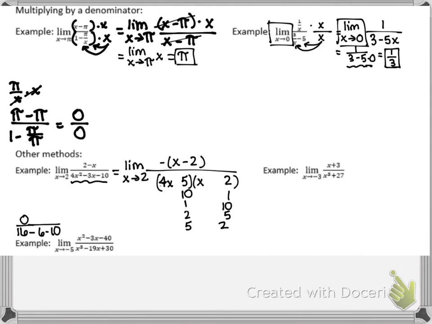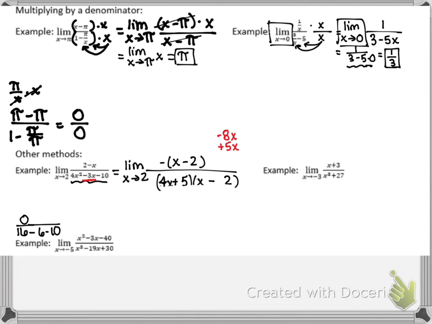If I make this 4x plus 5 and x minus 2, our outer product is negative 8x, and our inner product is positive 5x. When you combine those, you get the negative 3x that you want. So we just had to do some guessing and checking until the factoring worked out.